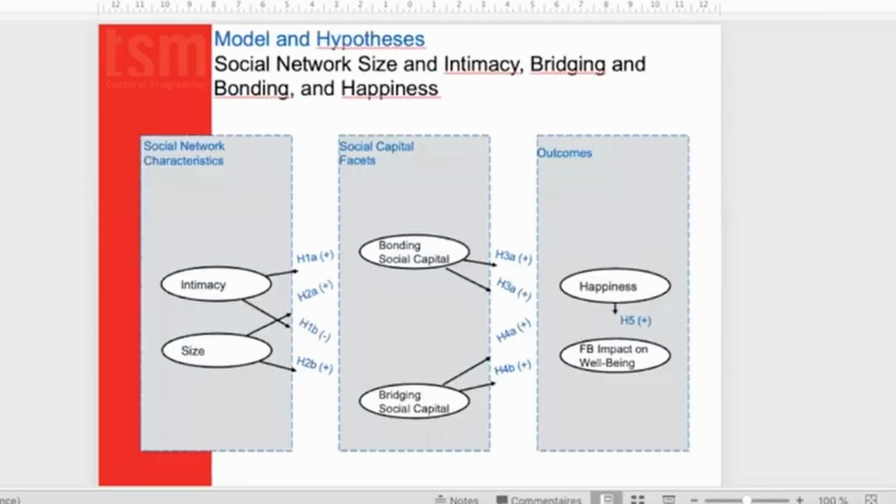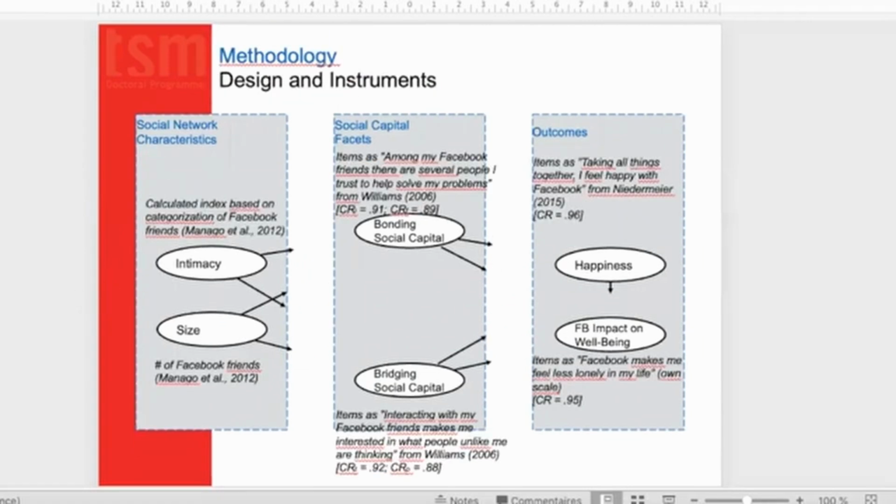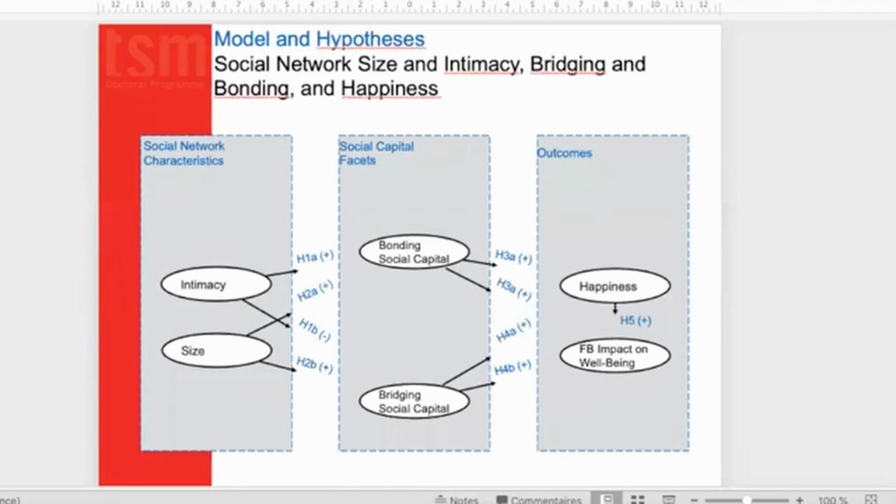So this brings me to our conceptual model and hypotheses. As I said, less is more, so we presented a very short and easy conceptual model with our antecedents. The closer we are with friends, the more positive the impact on bonding social capital, but this should have a negative impact on bridging social capital. Then there's the network size: the bigger the size of our network on Facebook, the more impact we should have on bonding social capital, but also on bridging social capital.